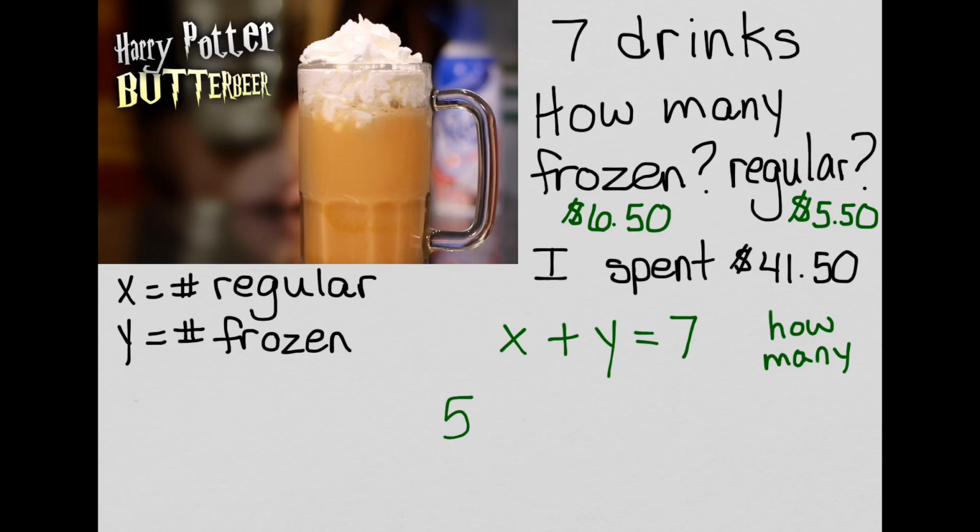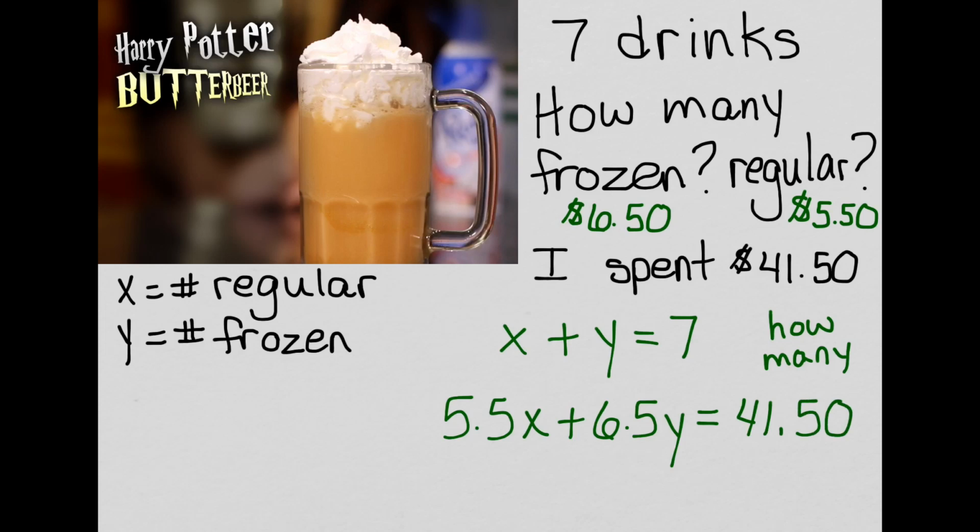So if I multiply 5.5 times however many I bought, that would give me the total amount that I spent just on the regular butterbeers. And then if I multiply the number of frozen times 6.5, that would be how much I spent on just the frozen butterbeer Slurpees. And all in total, I spent $41.50.